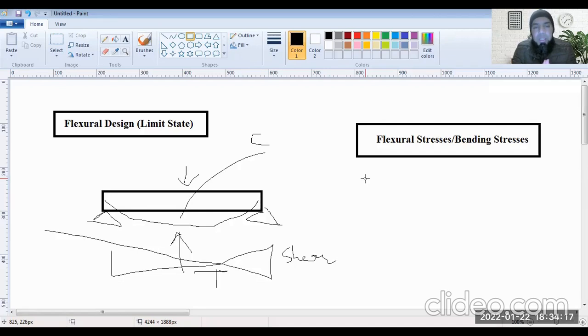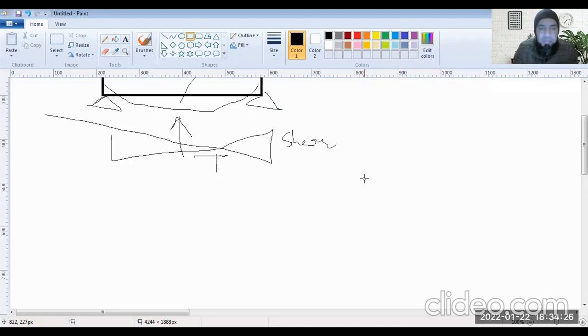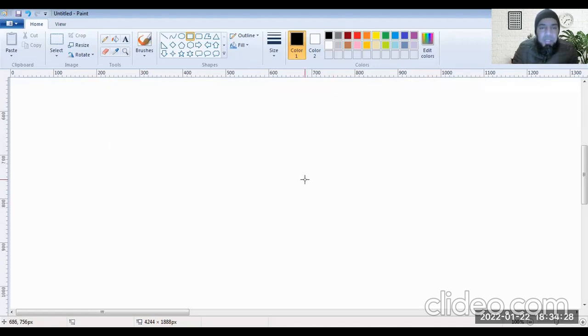Now we know that we are studying reinforced concrete design. And in reinforced concrete, it's not only concrete, it is steel as well. So till now we have studied the design philosophies, and we concluded on the limit state method of design, where we concluded that there are two limit states: limit state of collapse and limit state of serviceability.